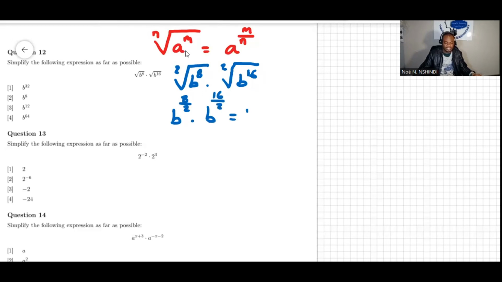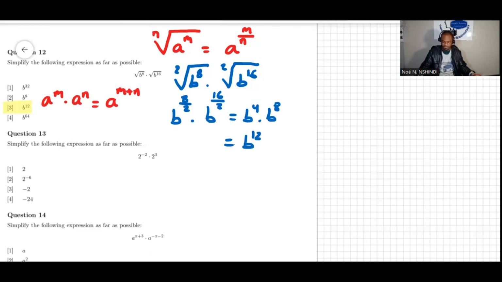And then this is equal to b to the power of 4 times b to the power of 8. Now another property says this, if you have a to the m times a to the n equal to a to the m plus n, this is equal to b to the power of 12. Now b to the power of 12, we can see it is alternative number 3.